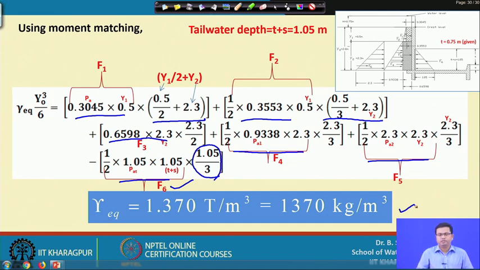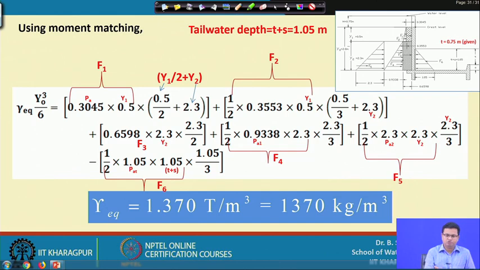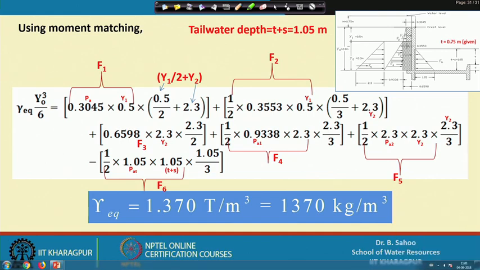In the first bit, you can do this exercise, then more clarity will be there. Unless you solve this one, it will be very difficult to understand, because there is slight difficulty in calculating the area of the pressure forces. Then you have to calculate total force equal to pressure into the area of the pressure triangle.